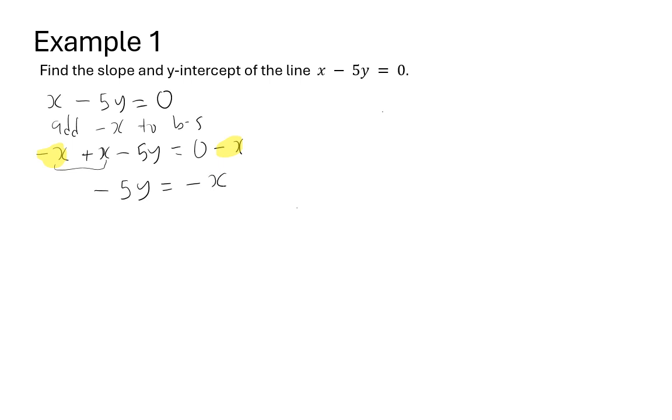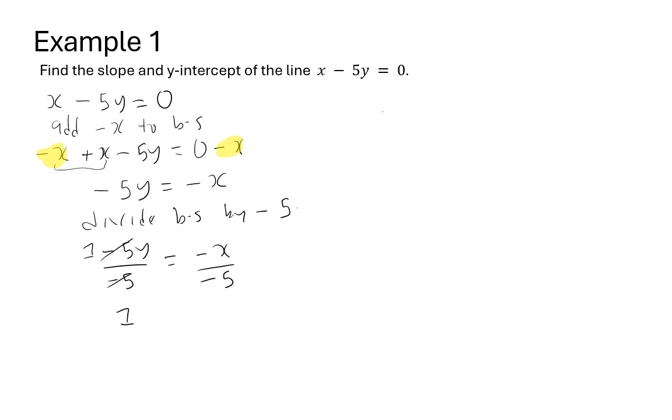What we want to find is y. So we have to divide both sides by minus 5. So I'll have minus 5y divided by minus 5 is equal to minus x divided by minus 5. Minus 5 will go into minus 5 once.